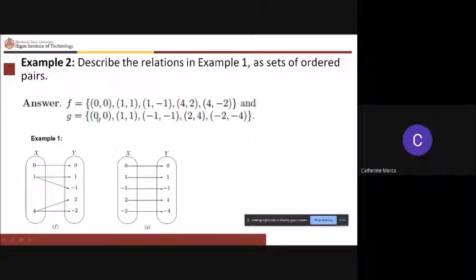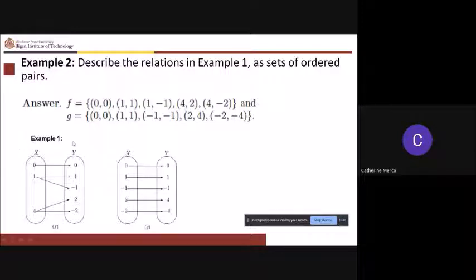For the function g, kaniman tong example 1. 0 is mapped to 0. 1 is mapped to 1. Negative 1 is mapped to negative 1. Then 2 is mapped to 4. And negative 2 is mapped to negative 4. Okay?